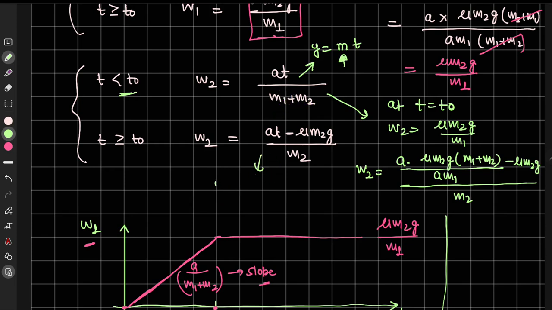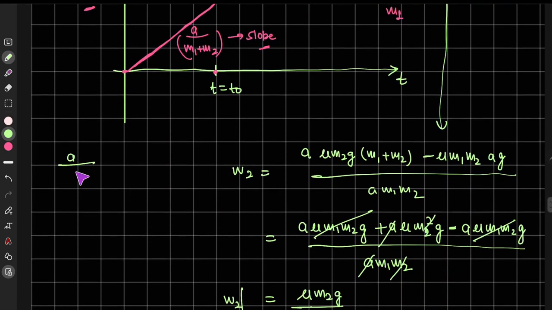And if we write here y is equal to mt plus some constant, m here is a upon m2. Okay, so the slope here is more as compared to here, because a times m1 plus m2 is less than a times m2.